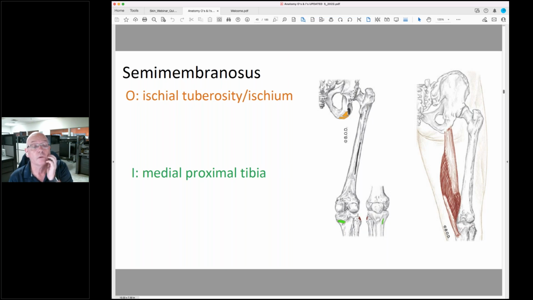The ischial tuberosity is the origin for all three muscles. Coming down for the semimembranosus, the medial proximal tibia.